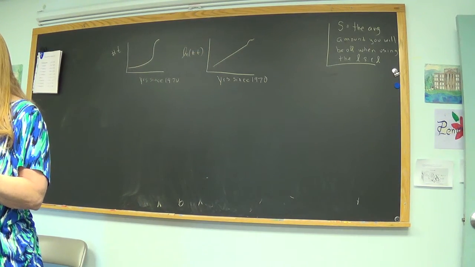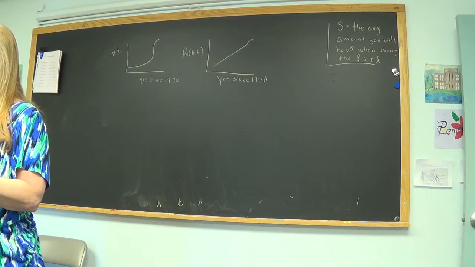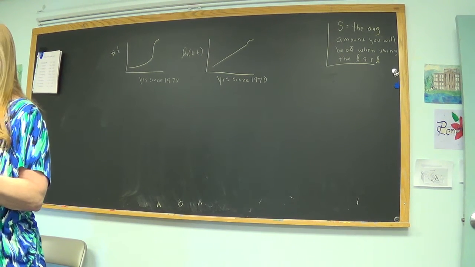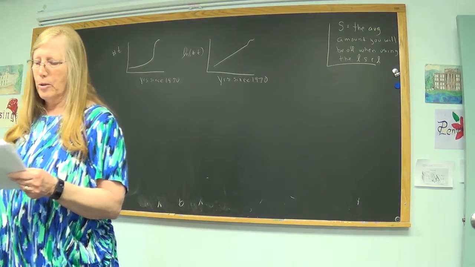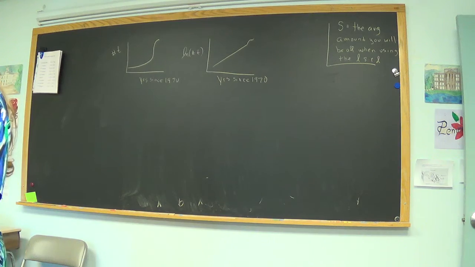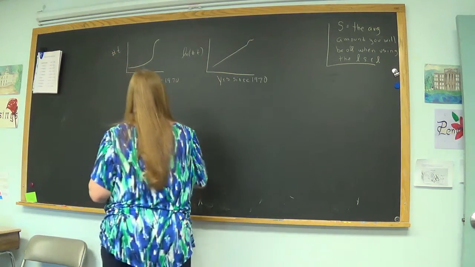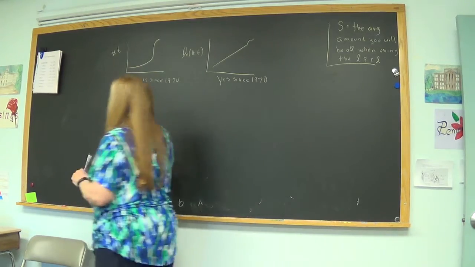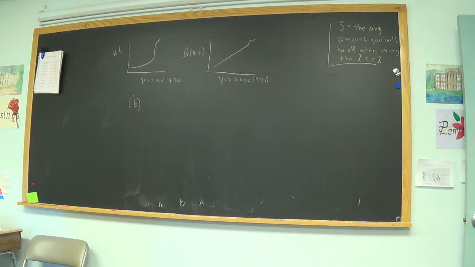We are supposed to read that Minitab and come up with a least squares regression line. So with your pencil, go ahead next to the Minitab, do part B, and see if you can come up with the equation. We're going to come back to A another day, hopefully today, but not right now.